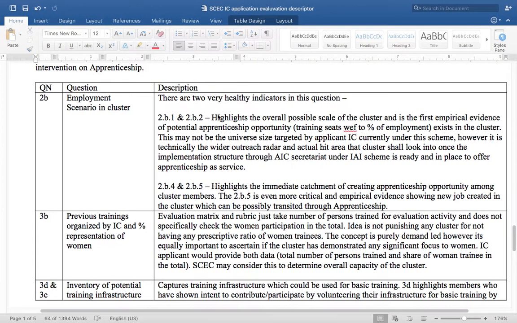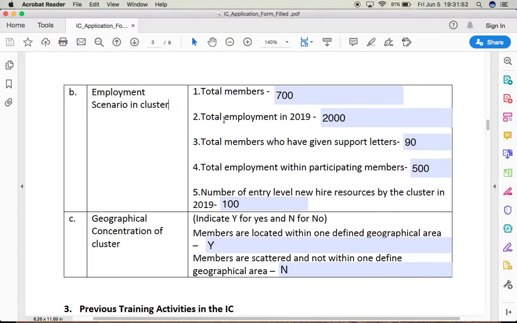What are the insights? 2B1 is employment. For the first time it throws up empirical evidence of the number of potential apprentice opportunities. For example, if there are 2000 workers working in the cluster and you apply a basic 2.5 to 15% apprenticeship band, then you understand how much training opportunity exists in the cluster.